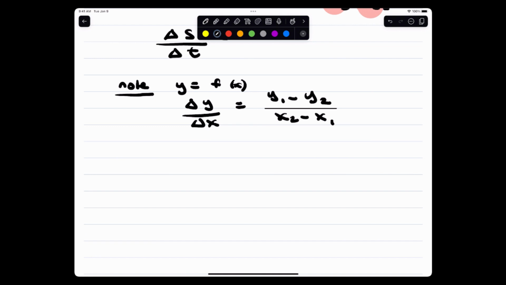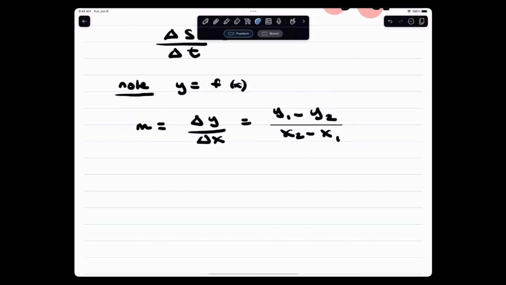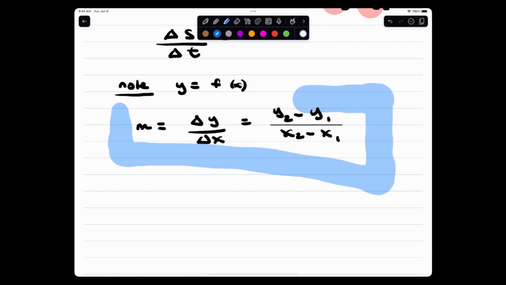Wasn't that the slope? Yes, it's your slope formula from beginning algebra. That's delta, that's change. I think I put it backwards. I haven't had my coffee. I'm going to have to run over later to get my coffee. So y2 minus y1 over x2 minus x1. Here you go, that's the slope.